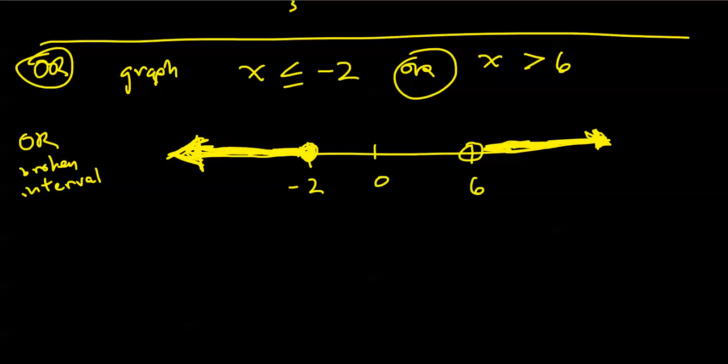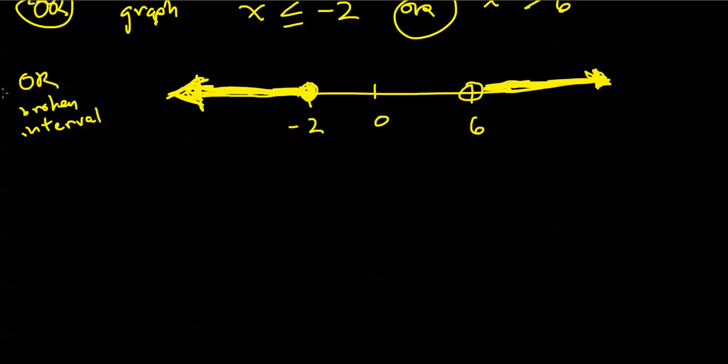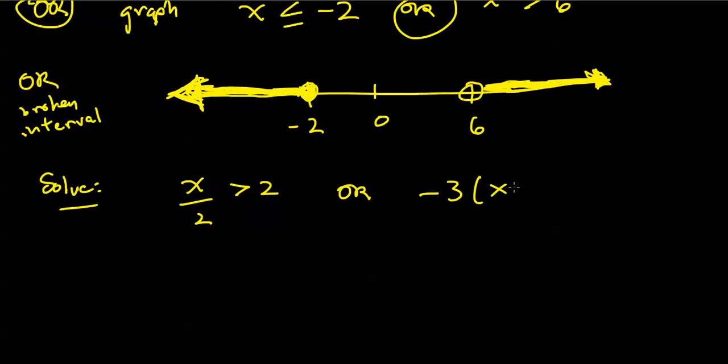Alright, let's look at something more substantial. Solve the following inequality or statement. x over 2 is greater than 2, or -3 times x minus 2 is greater than 0.